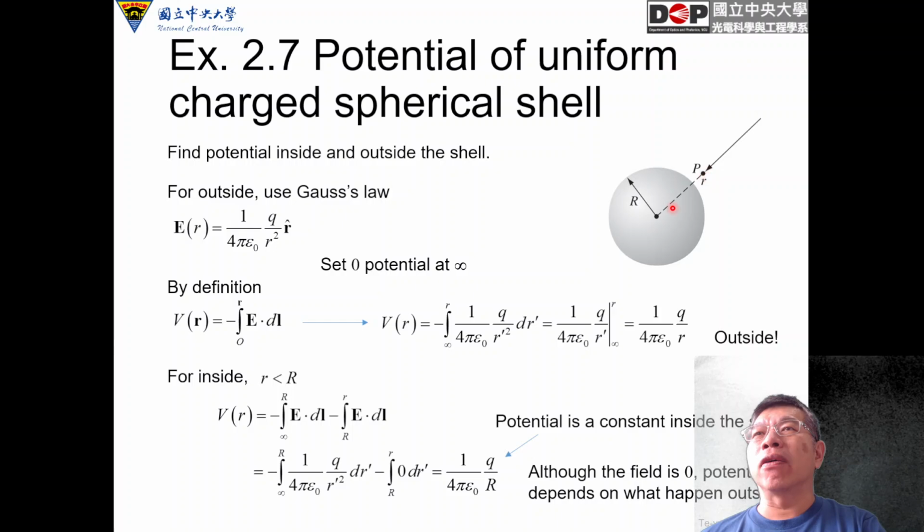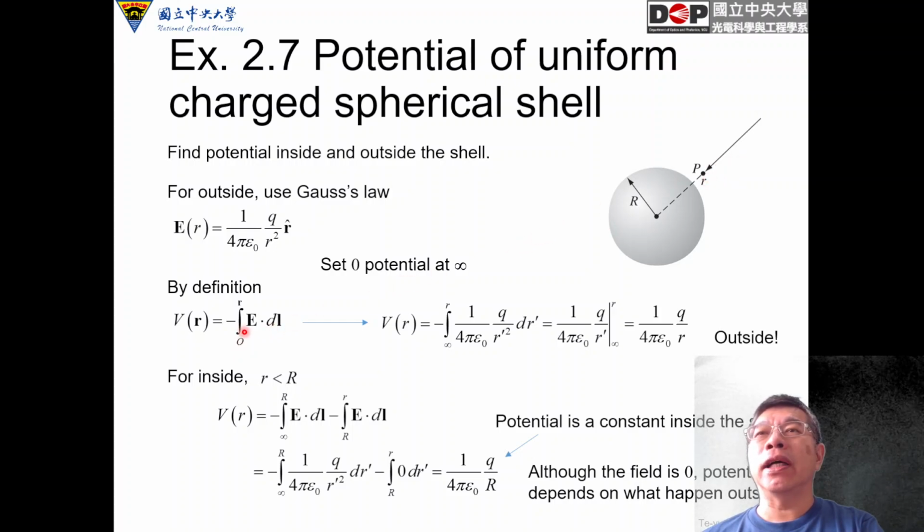For outside, use Gauss's law. Basically, you have the electric field and you can get the potential. You set the potential at infinity to be zero, so we can take the integration from infinity to the particular point r.